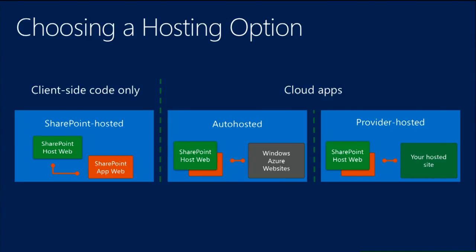So each SharePoint site will have its own dedicated IIS server hosted in Windows Azure websites to communicate with it. The benefit there is that scalability is handled by SharePoint auto-provisioning them every time they get installed. But also you have less control over the manageability of it. So these are the trade-offs that you'll have to make depending on the applications that you go through.